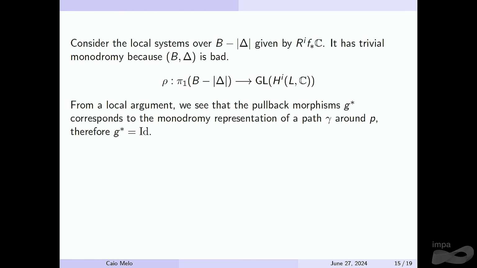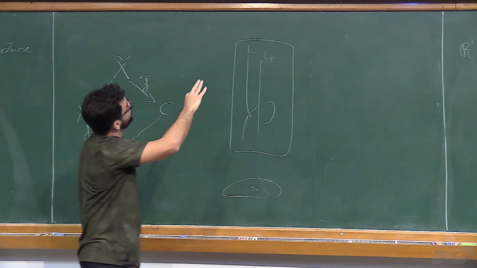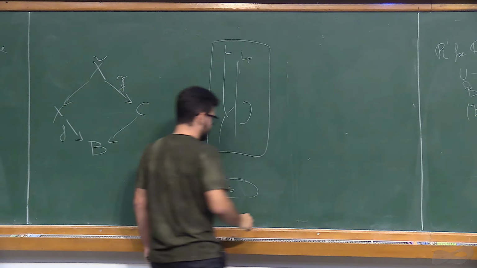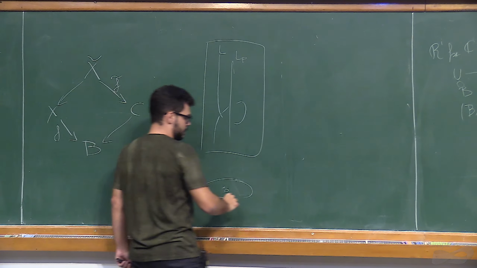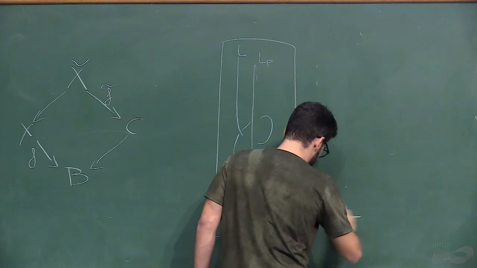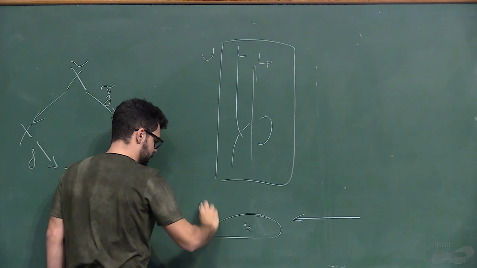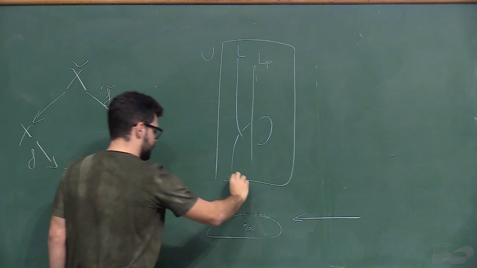And from a local argument, we see that the deck transformation G we started with is given by an image of this monodromy. We see this as follows. Locally, this map is like this. We have an open set here, a disk that goes to a disk. We have the fibration here.